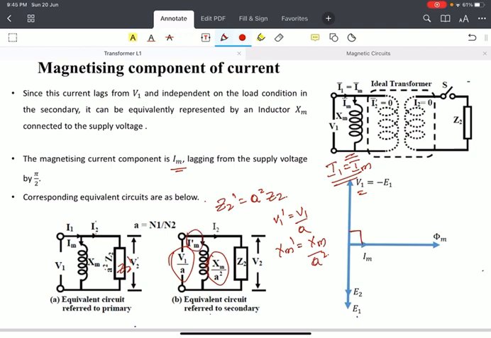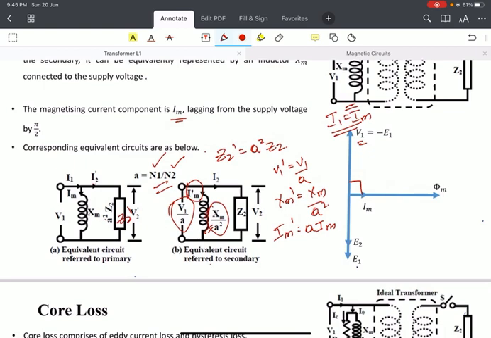And the magnetizing component of the current referred from the primary to the secondary, Im dash, is equal to a into Im, where a is equal to N1 by N2, the number of turns in the primary winding divided by the number of turns in the secondary winding. So this is the equivalent circuit referred to the primary, and this is the equivalent circuit referred to the secondary, consisting of magnetizing component Xm.